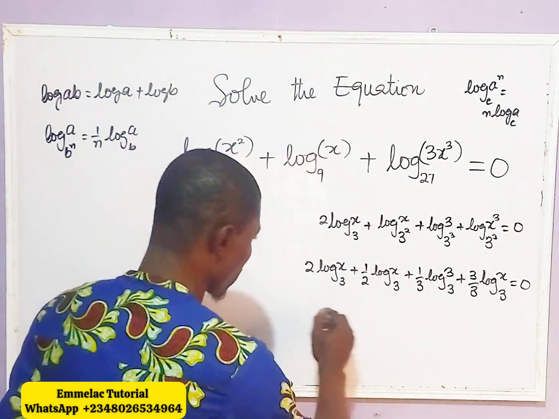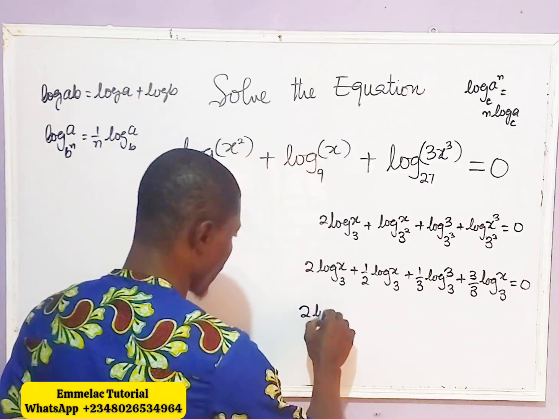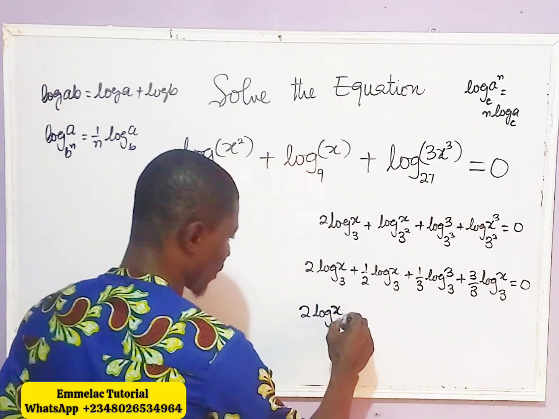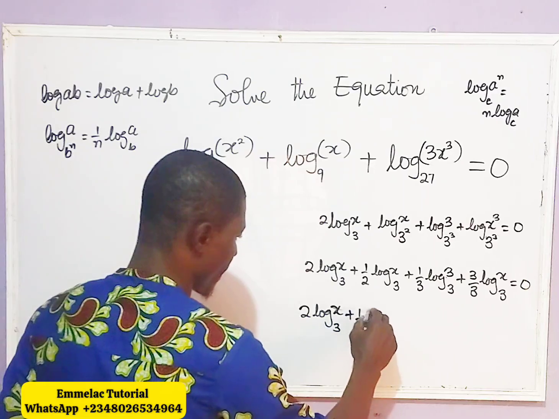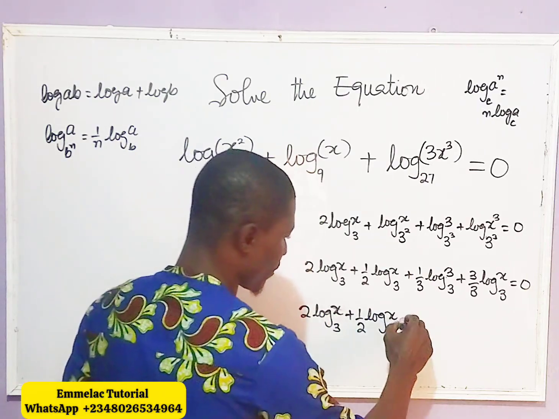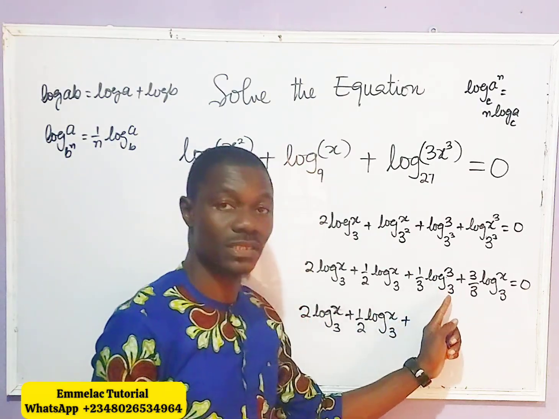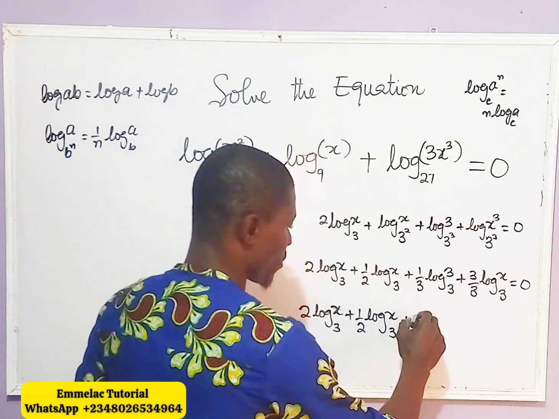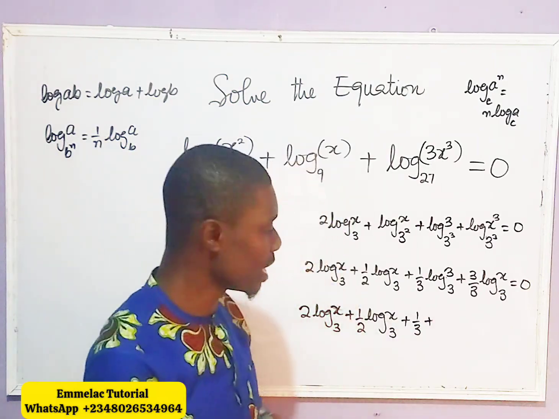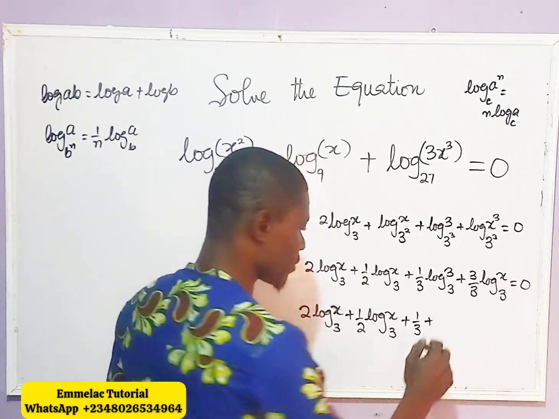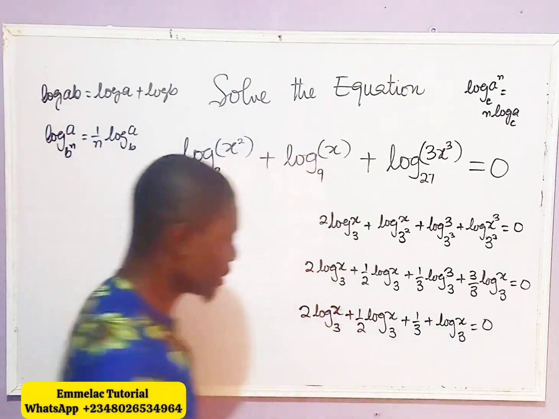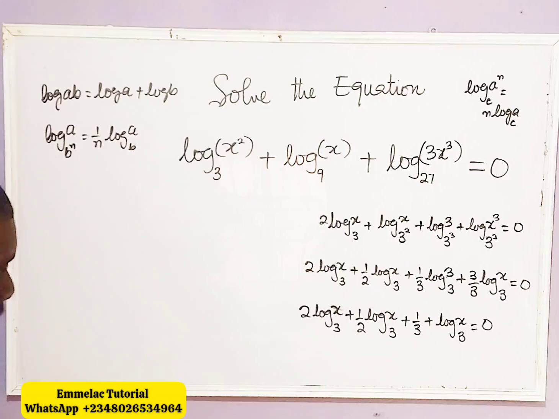So the whole equation here will give us 2 log x base 3, plus 1 over 2 log x base 3, plus, since log 3 base 3 will give us 1, here we now have 1 over 3, plus, in this case 3 divided by 3 will give us 1, so we are left with log x base 3 equals 0.